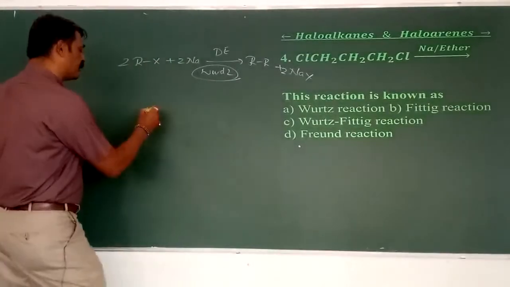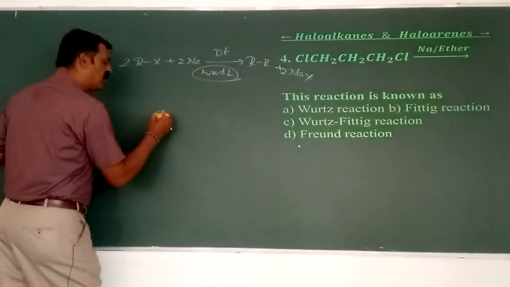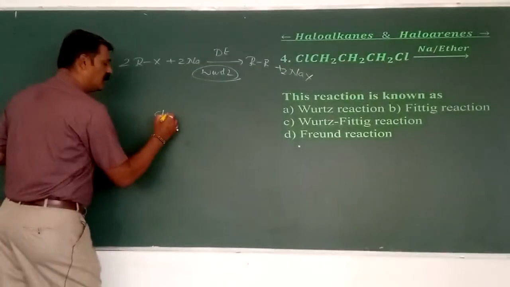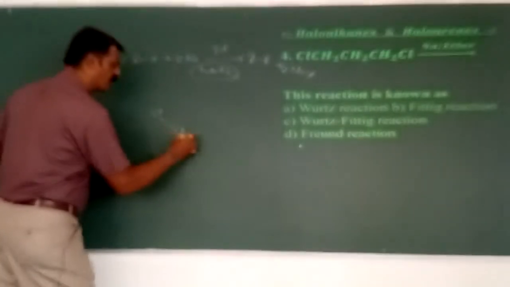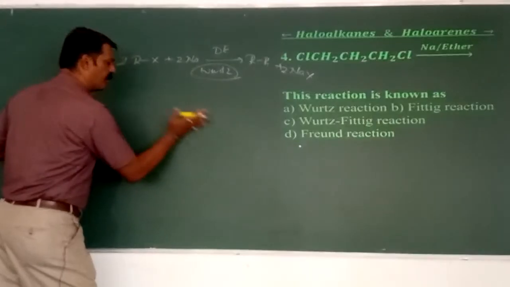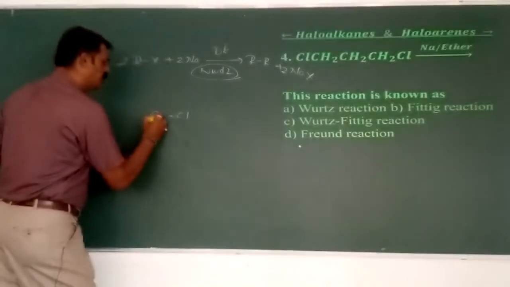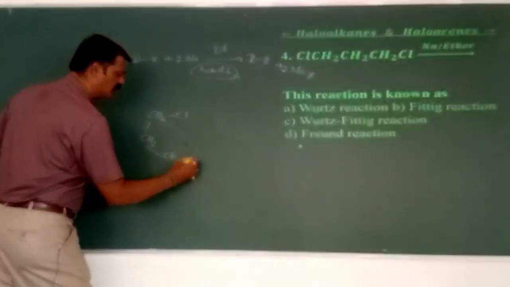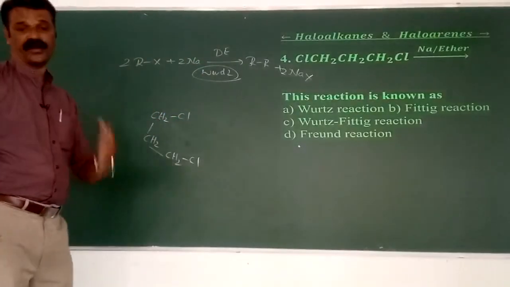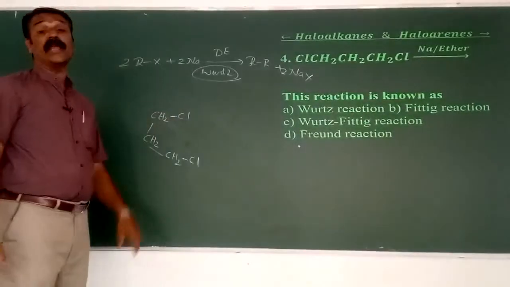What type of it is? Cl CH2 CH2 CH2 Cl. That is what we have written. 1,3-dichloropropane.